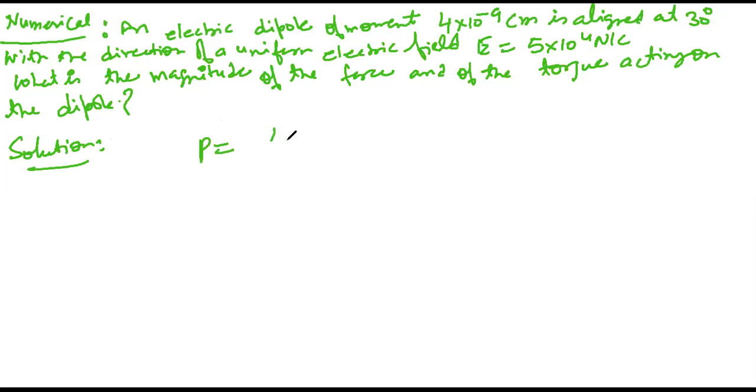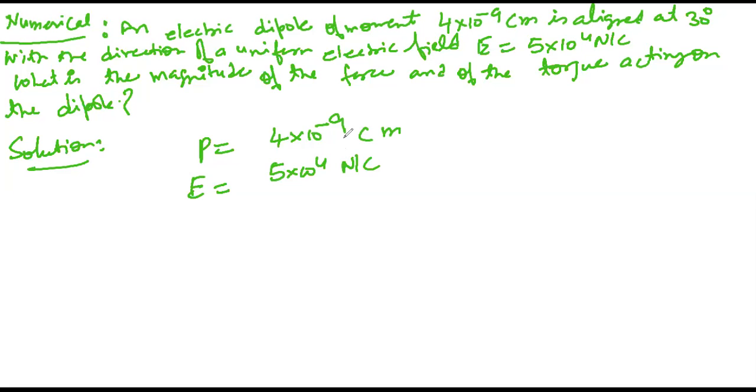P is equal to 4 × 10⁻⁹. Electric field E is equal to 5 multiplied by 10⁴ Newton per Coulomb. Are you able to follow?